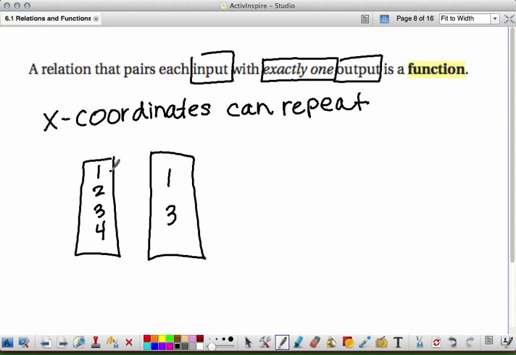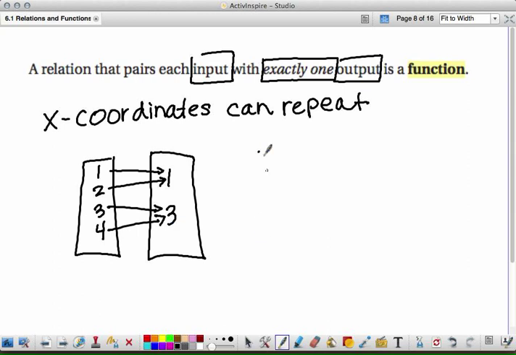And so we have, let's say, (1, 1), (2, 1), (3, 3), and (4, 3). Our y coordinates repeated. This 1 repeated and this 3 repeated. And that's okay because each of these inputs still only has 1 output.